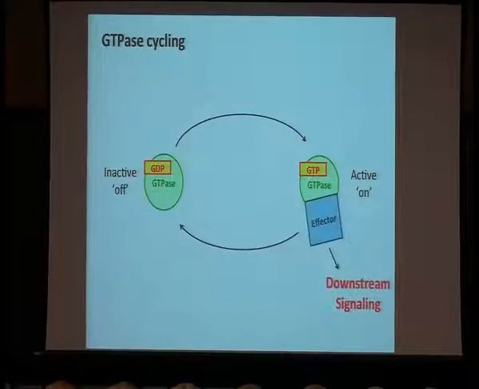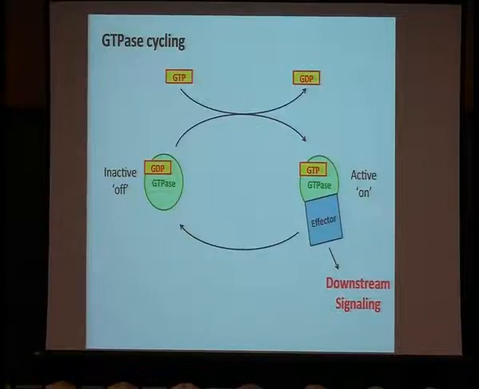In the active state, the protein is able to bind to downstream effectors, and that causes an increase in downstream signaling, or is compatible with downstream signaling. To cycle between the off state and the on state, the GTPase needs to release GDP and bind to GTP.